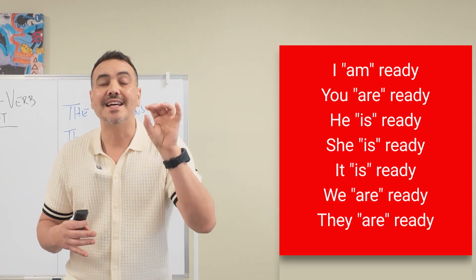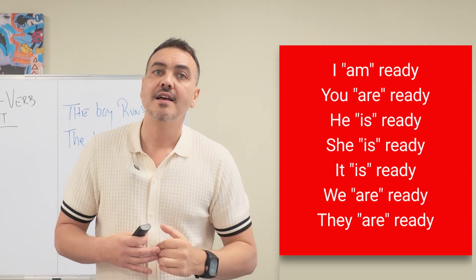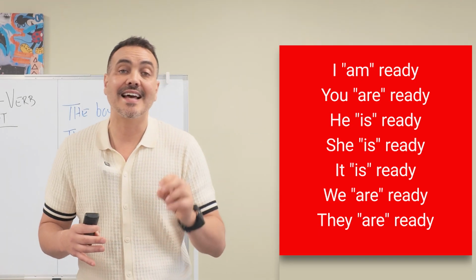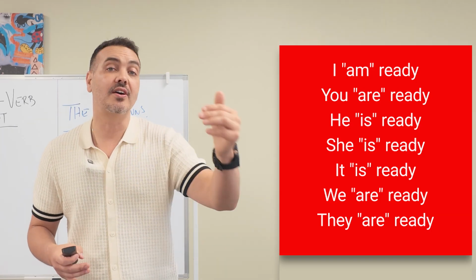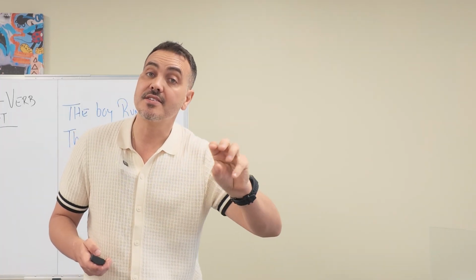The students, plural, are ready. The lesson is easy. The lessons are easy. Okay, do you see the difference between the is and the are? The lesson is easy and the lessons are easy.